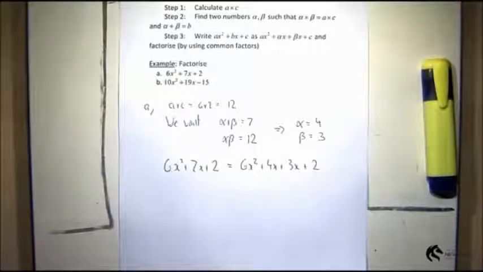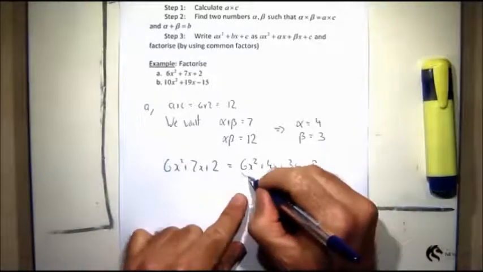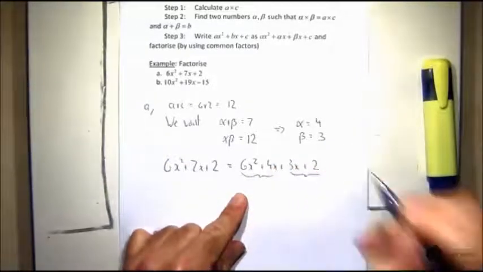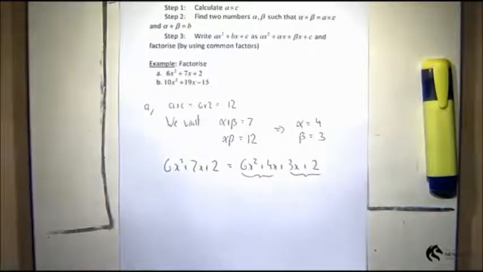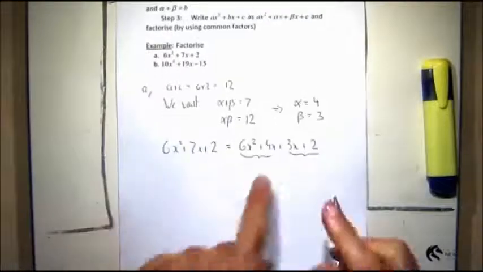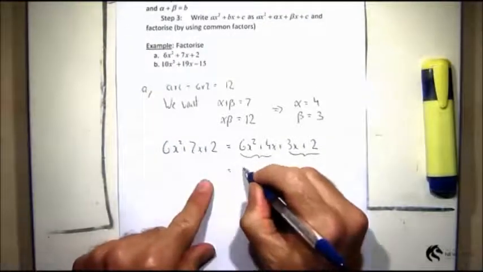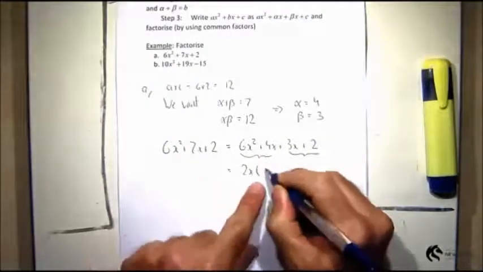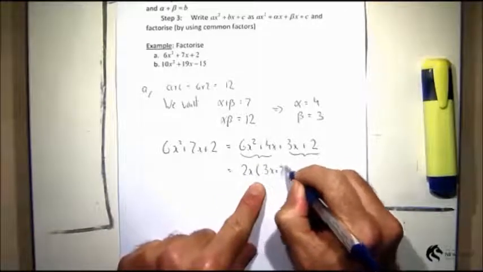Now it says you should be able to use our technique from before of looking for common factors. So I'm going to look for a common factor in those two terms. In here I can see I have 2x as a common factor, and this will give me 3x plus 2.